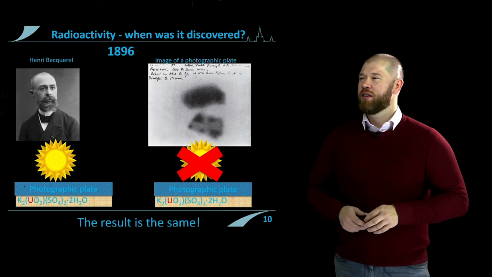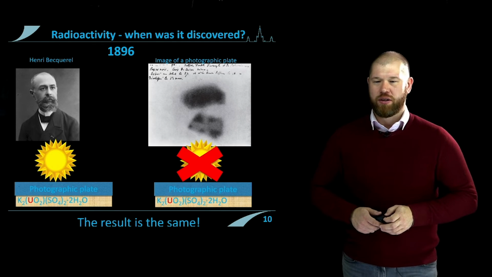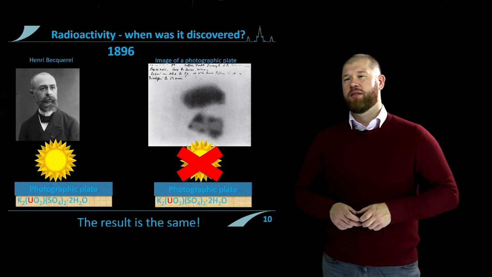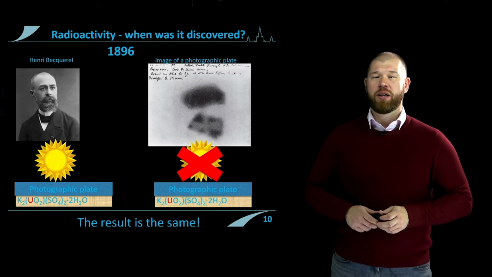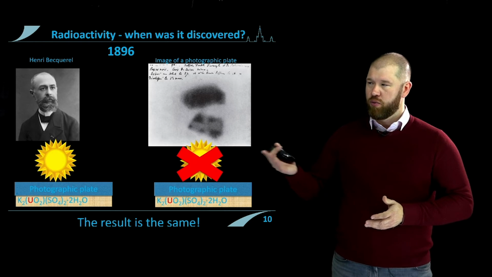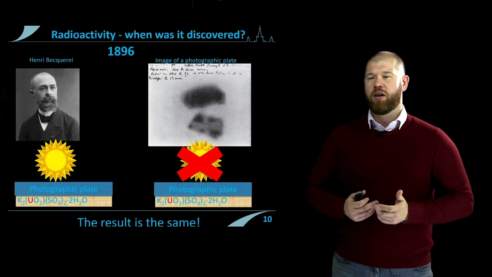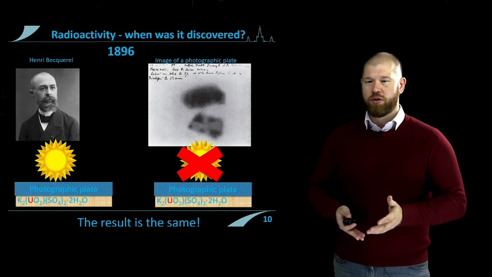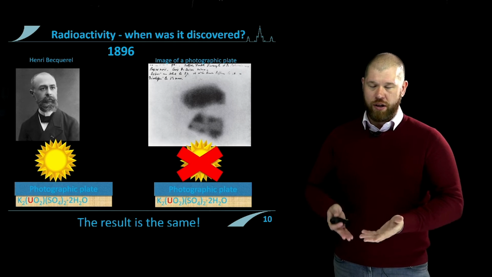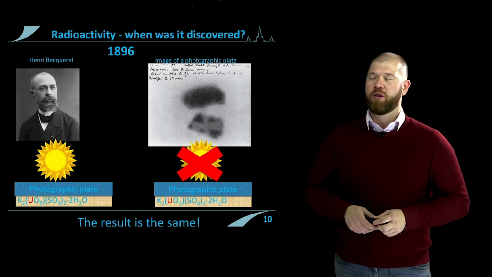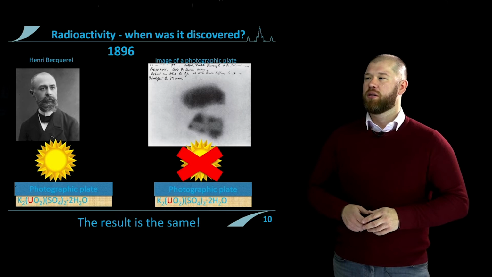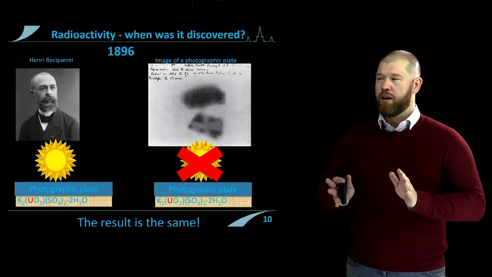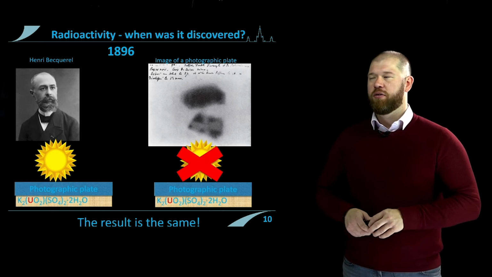In 1896 there was very bad weather for a couple of weeks, and thus it was not possible for Henri Becquerel to irradiate uranium salts with sunlight, because it was cloudy. So he just put the uranium salts together with a photographic plate inserted in a thick layer of paper on the table and left it for several days.